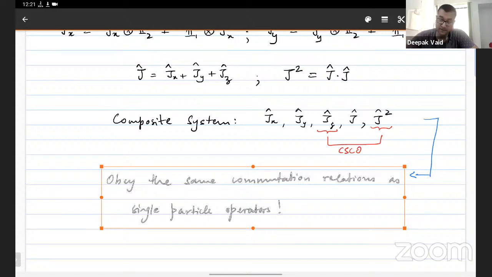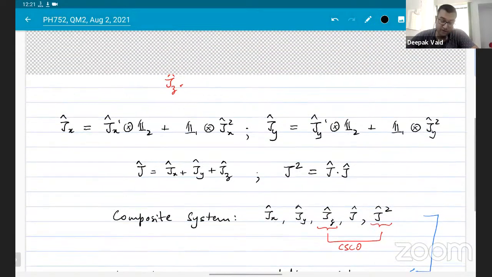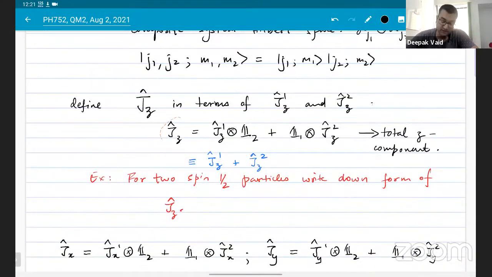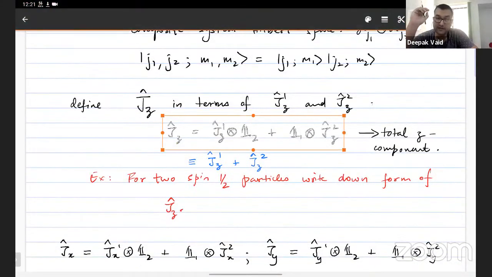You understand? I can always write down these operators. But can I call this object the total angular momentum? It might be the total something, but is it the total angular momentum?